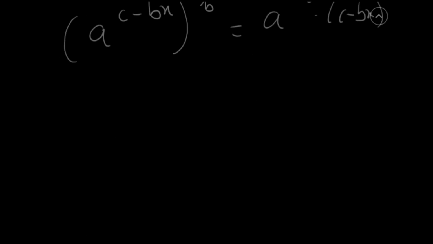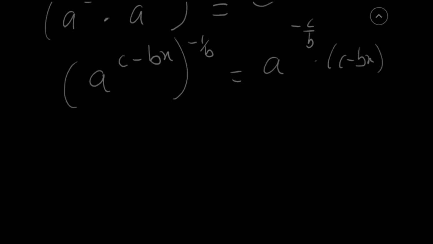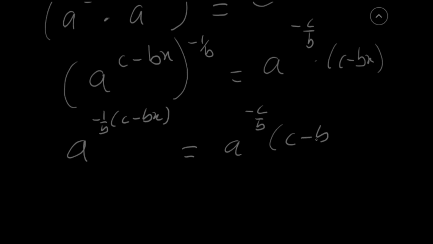Okay, so from here we can decide to multiply this one through, so we get minus 1 over b multiplying c minus bx equals a raised to the power minus c over b multiplying c minus bx. Okay, if you clearly remember in my previous video, I made an illustration that x is equal to this, the same thing as this one, right?